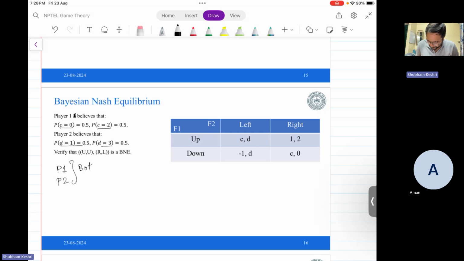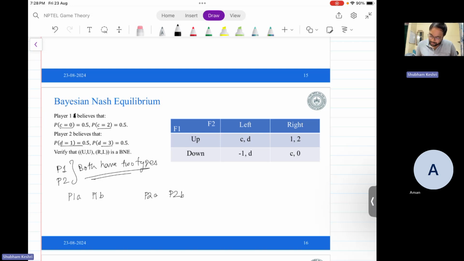Both have two types. Since we are having two types for both, there can be four combinations: player 1A, player 1B, player 2A, and player 2B. So you can have 2 cross 2, four combinations.